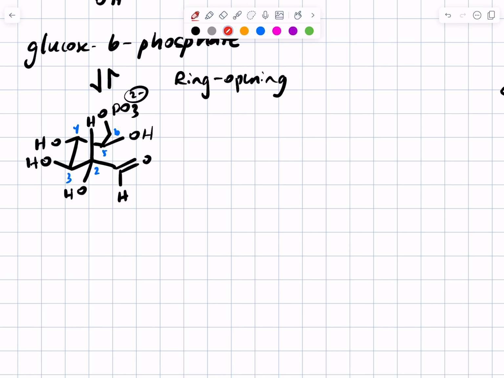Therefore, it makes sense that a base in the enzyme active site should be able to deprotonate that alpha carbon. Okay? Now, when you deprotonate an alpha carbon, you get an enolate, right? And that enolate is negatively charged on the alpha carbon, and where else? Carbonyl oxygen by resonance, right?